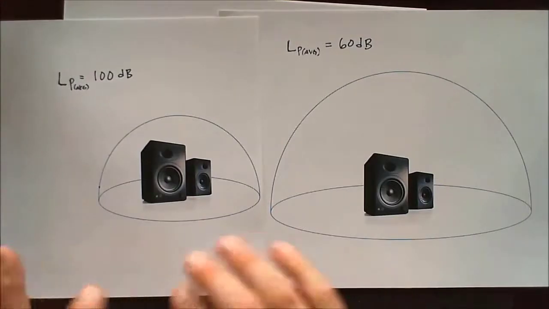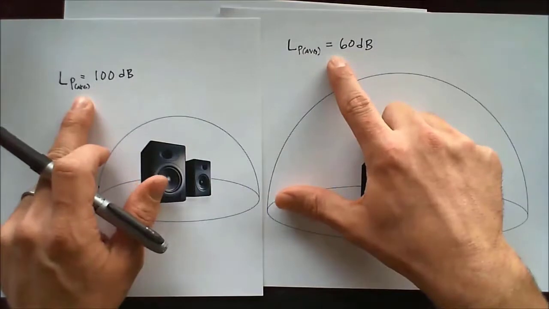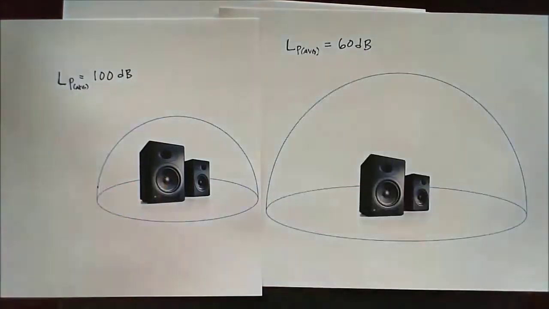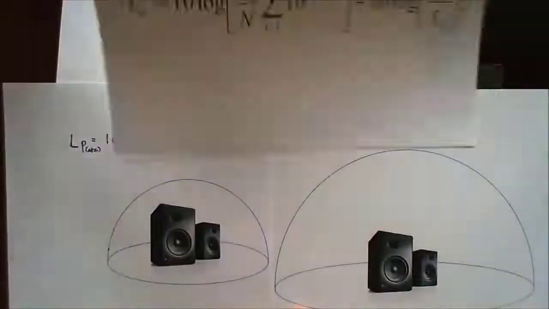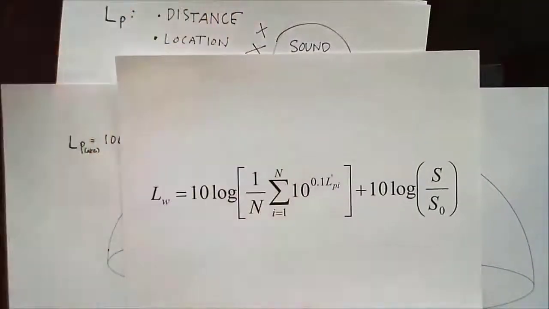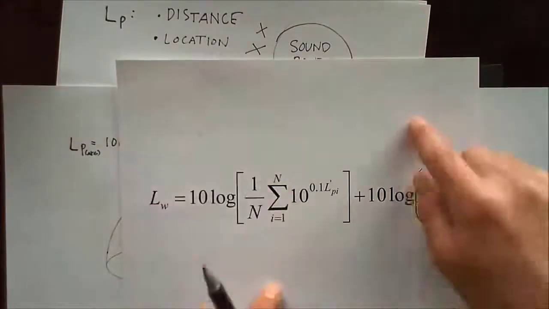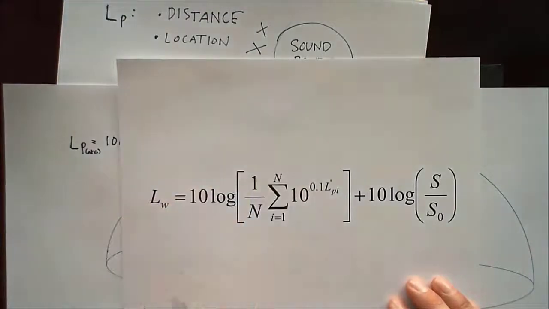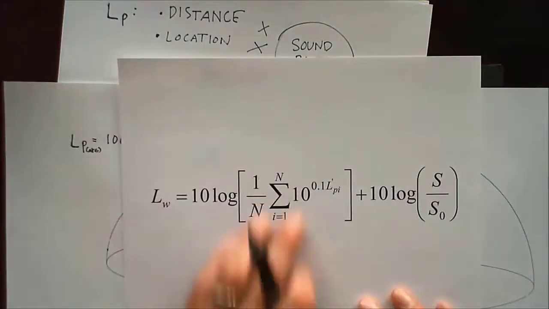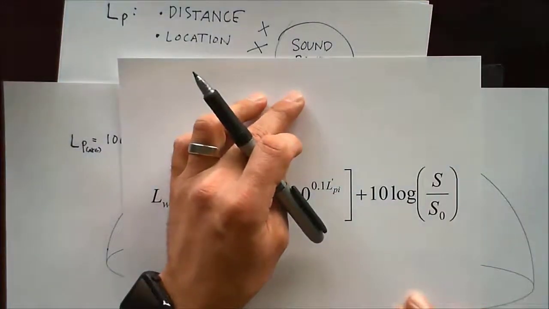So we've got two different measurement distances, two obviously different average pressures. So what we see this equation doing for us, the sound power equation, is these terms are going to sort of counteract each other. And when one goes up, the other is going to go down to compensate for higher pressures measured up closer, so the surface area gets lower.